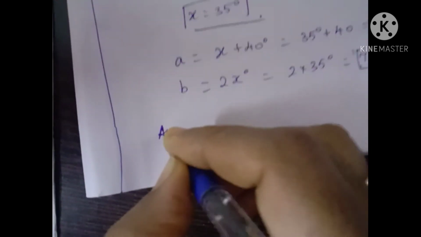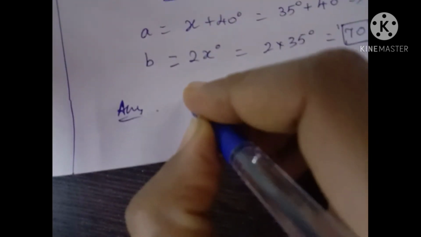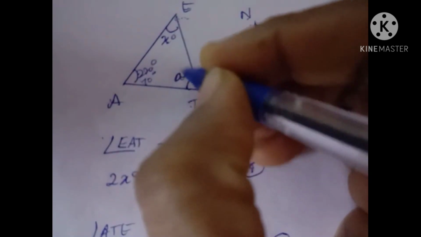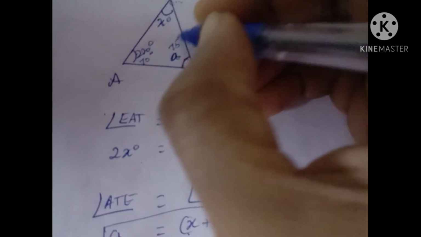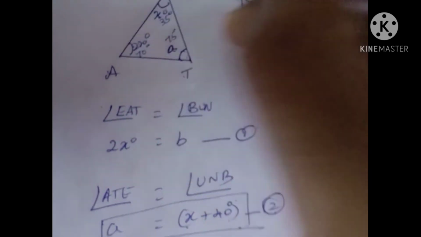Therefore, finally write your answer. 2x is equal to 70 degrees, A is equal to 75 and x is equal to 35 degrees.